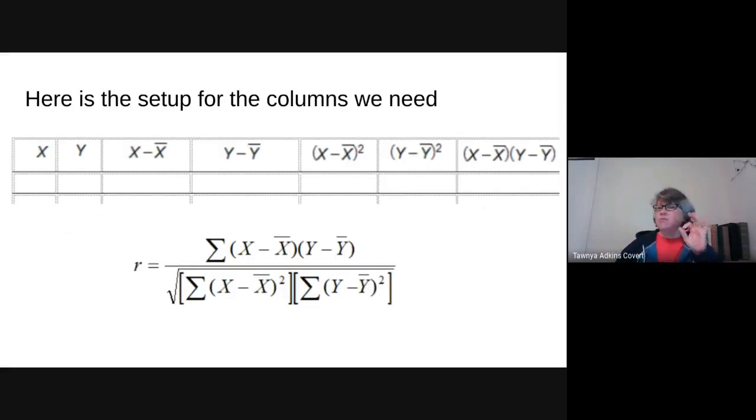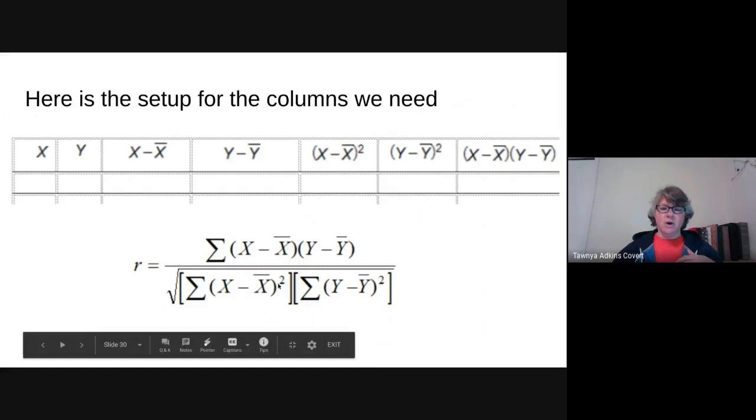So here's the setup for the columns that we need. We need X, Y. We need X minus the mean of X column. We need Y minus the mean of Y column. We need this column squared right here. We need this column squared right here. And we need a column that takes this value and multiplies it by this value. See here?